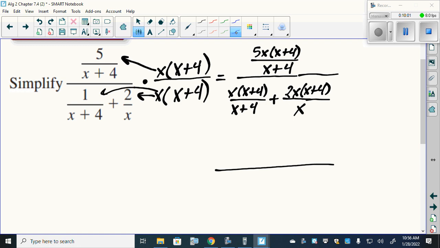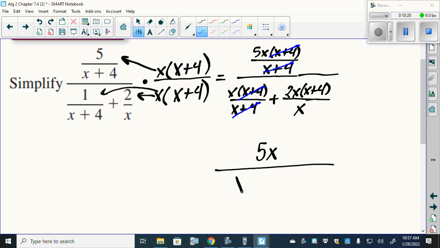Well, let's see what simplifies out. Well, here the x plus 4 and x plus 4 will cancel. So what we have left in the numerator is 5x, yes? In the denominator, here the x plus 4 and x plus 4 will cancel.